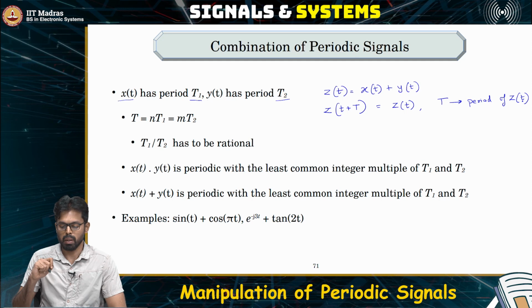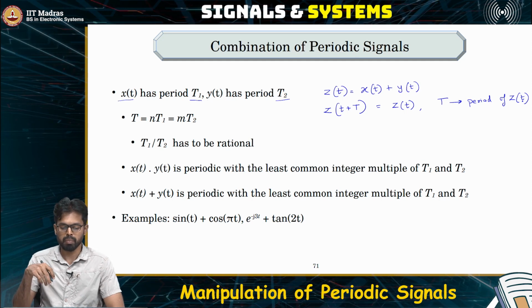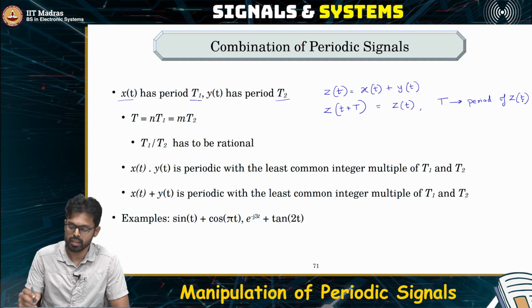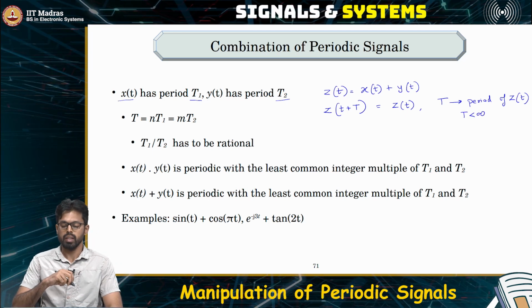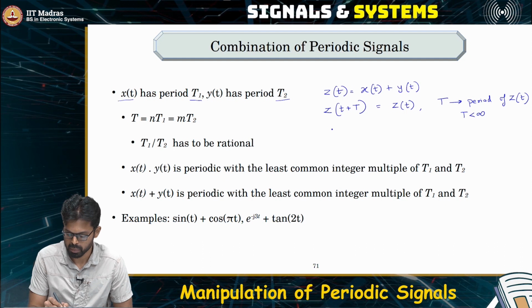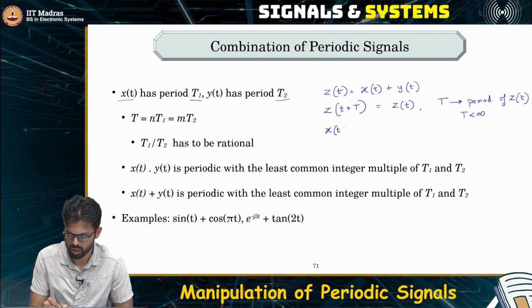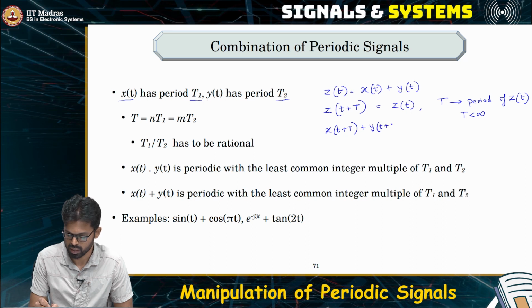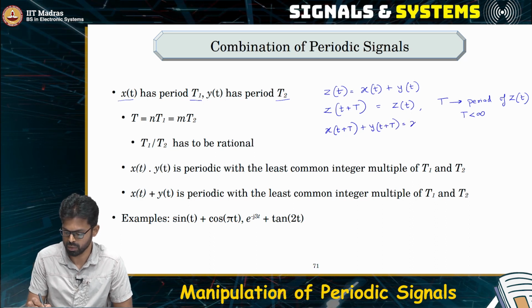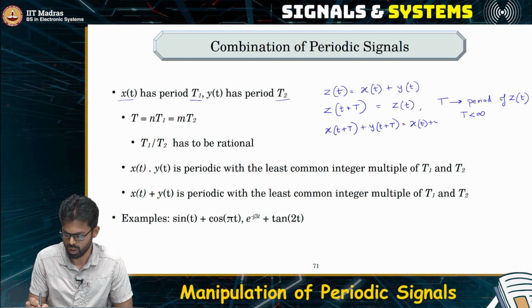Now how do we find this capital T? If this capital T is finite, then it means that x of t plus T plus y of t plus T is equal to x of t plus y of t.